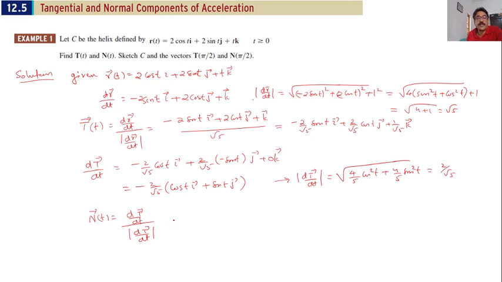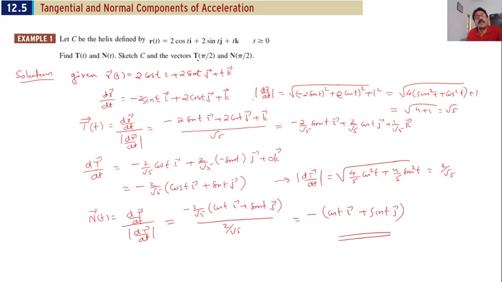And therefore the unit normal vector is minus 2 by root 5 into (cos t i plus sin t j) divided by 2 by root 5. Cancelling 2 by root 5, it reduces to minus (cos t i plus sin t j). So these are the unit tangent vector and unit normal vector at any instant.